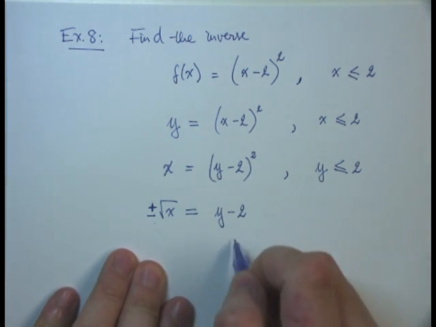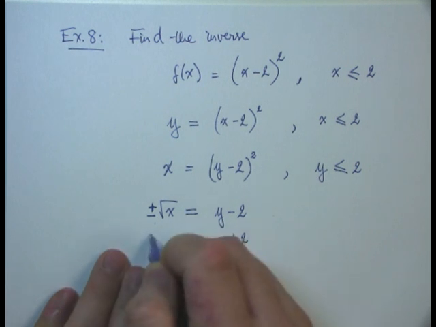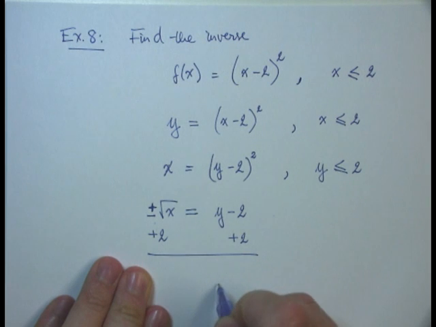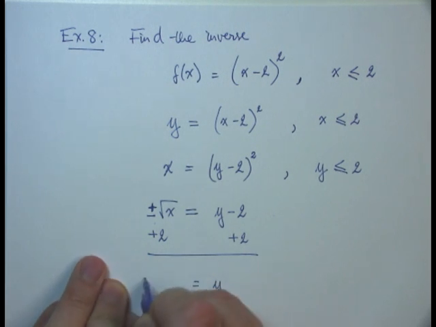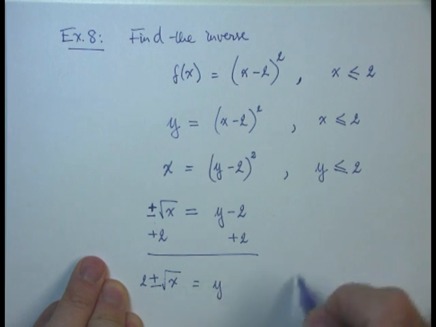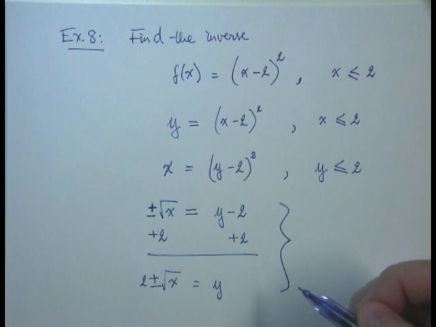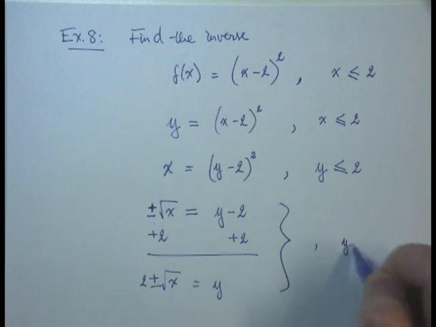Finally, to solve for y, I simply add 2 to both sides of the equation. That gives me y = 2 plus or minus the square root of x. All this solving for y is my step number 3, and the condition keeps coming along: y is less than or equal to 2.